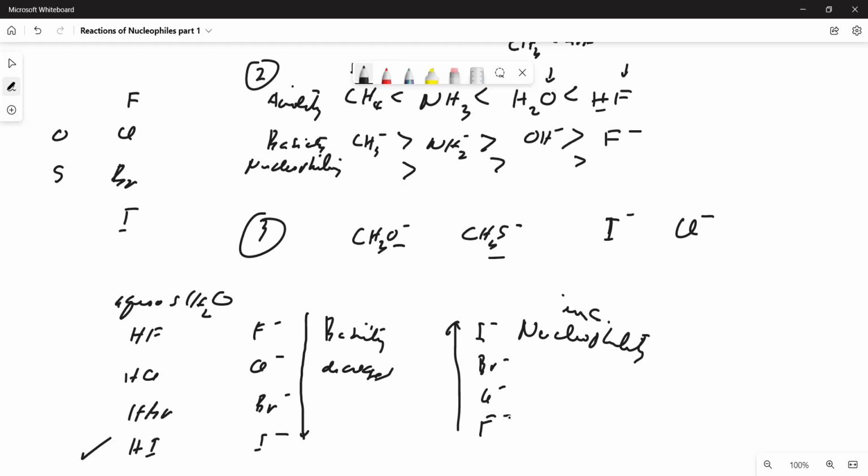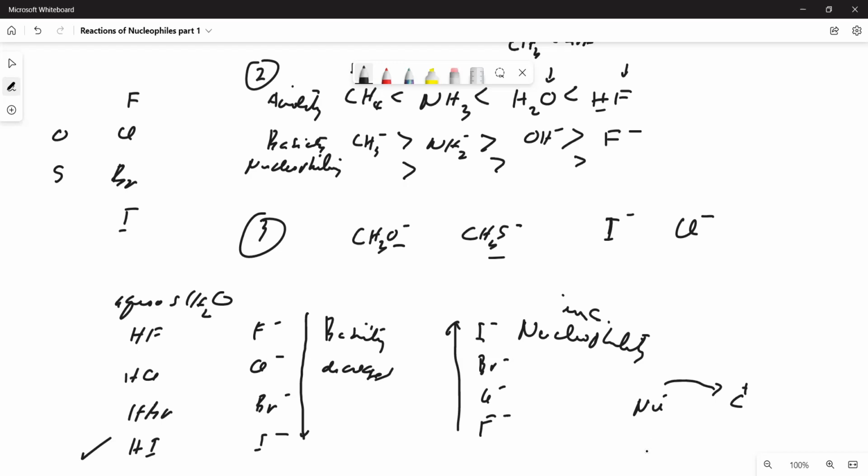So you have now the solvent effect for the sizes. What is the role of the solvent here? Take note that nucleophilicity is a term that is based on kinetics, no? How fast, if this is the carbon site, how fast this nucleophile can attack this at a shorter time.